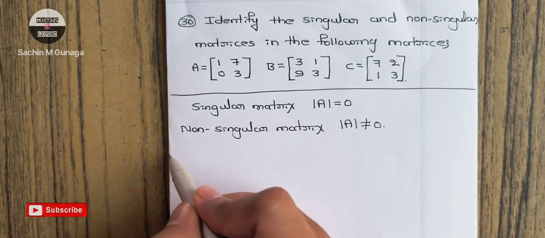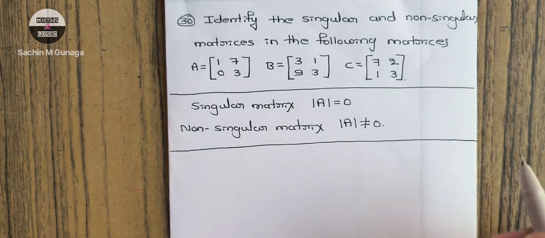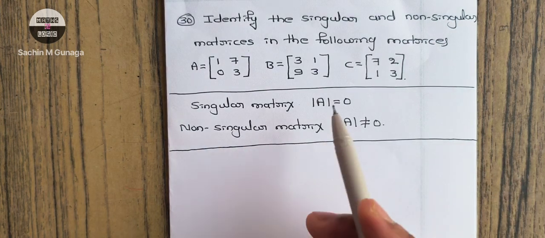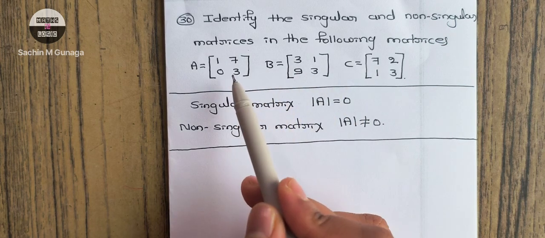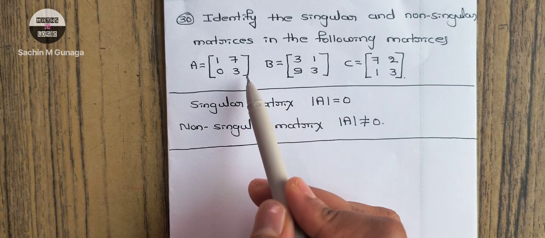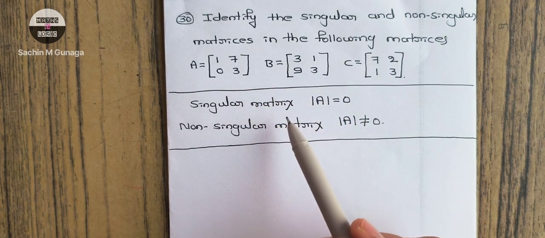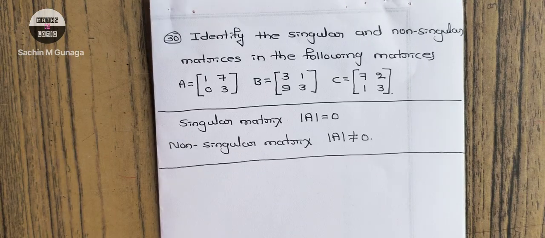So here first we will understand what is meant by a singular matrix and what is meant by a non-singular matrix. For any matrix, if the determinant value of that given matrix goes to 0, then such a type of matrix we are going to call a singular matrix.